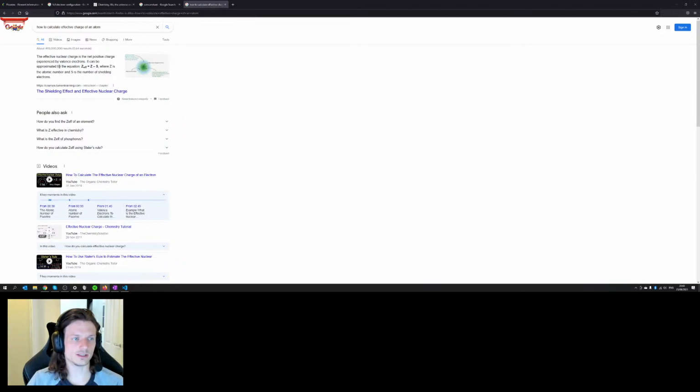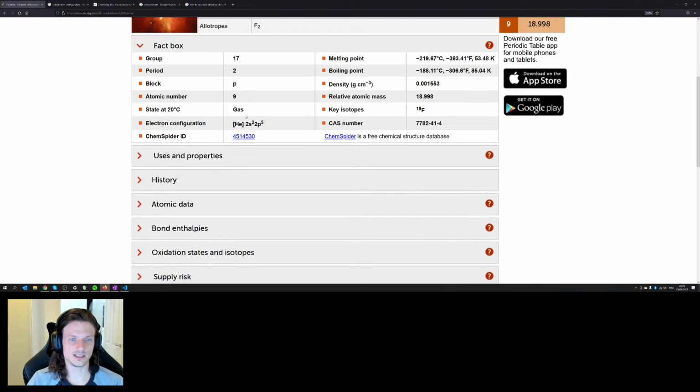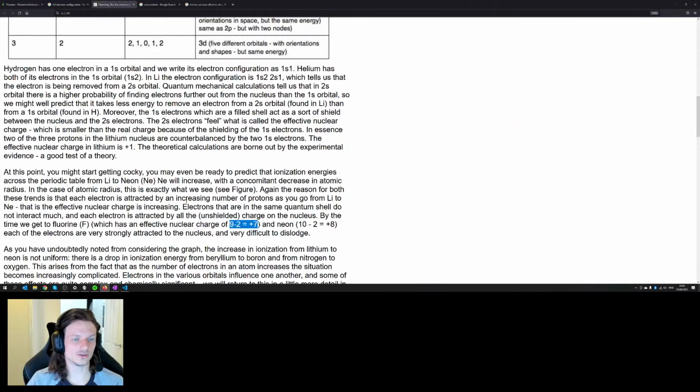It can be approximated by the equation Z effective equals Z minus S, where Z is the atomic number and S is the number of shielding electrons. Okay, shielding electrons. That makes sense. So if we try and figure this out again, neon is 10 minus 2.